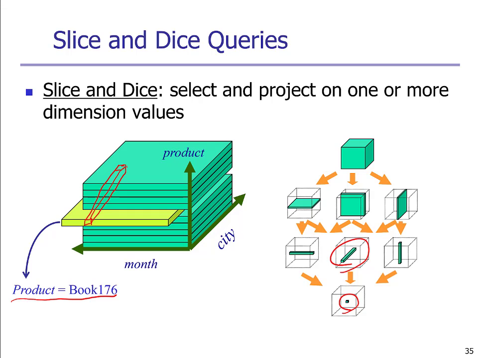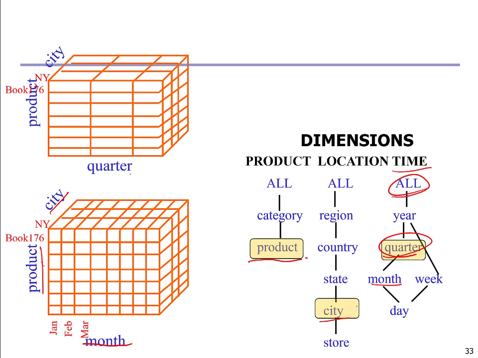So what's the difference between, let's say, slice and roll up? Because roll up can also do dimension reduction. But in roll up, when we do the dimension reduction, we actually do the aggregation, right? Because we need to climb up from quarter to all. We do the aggregation over all the data on the time dimension.